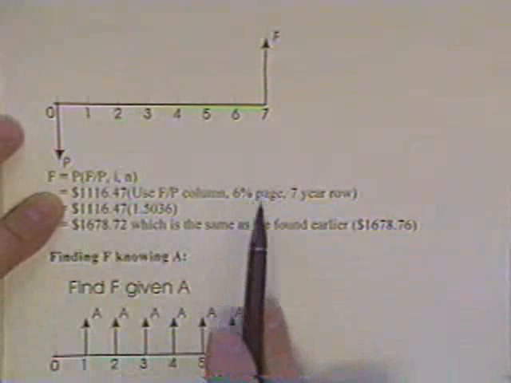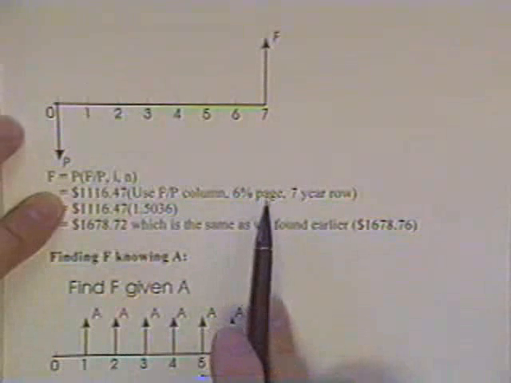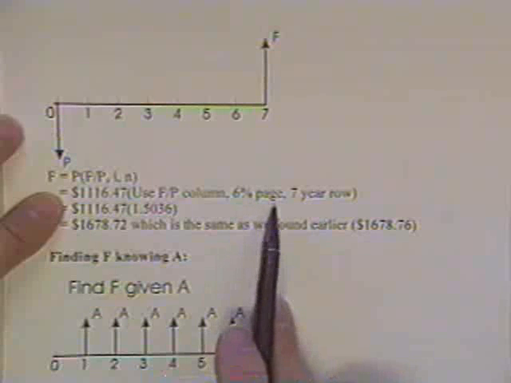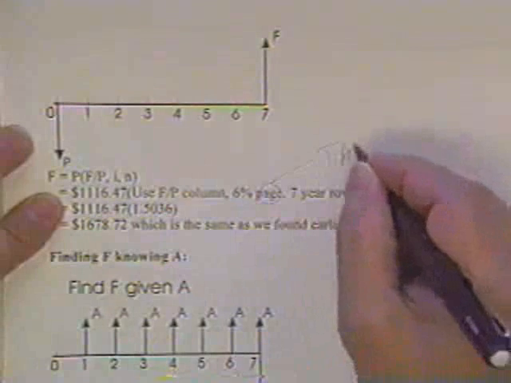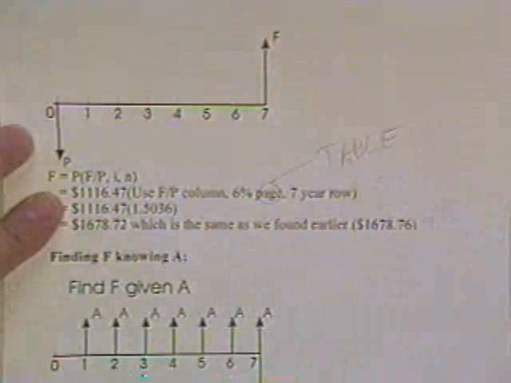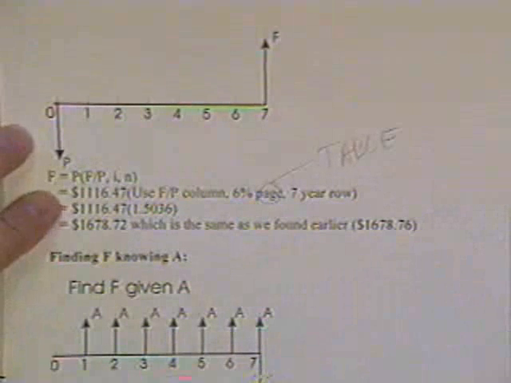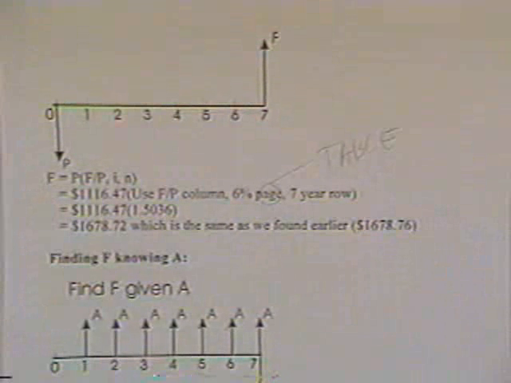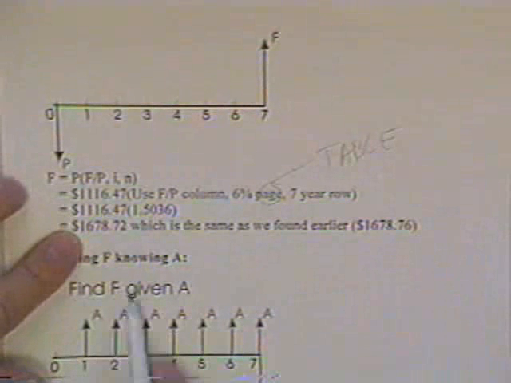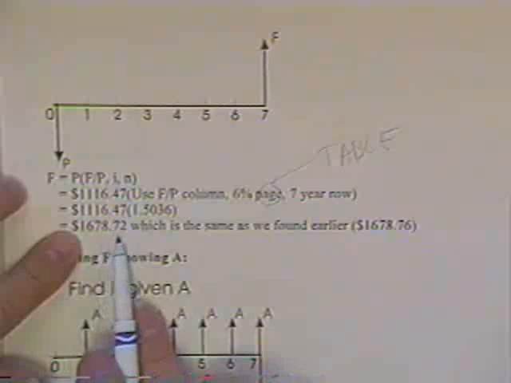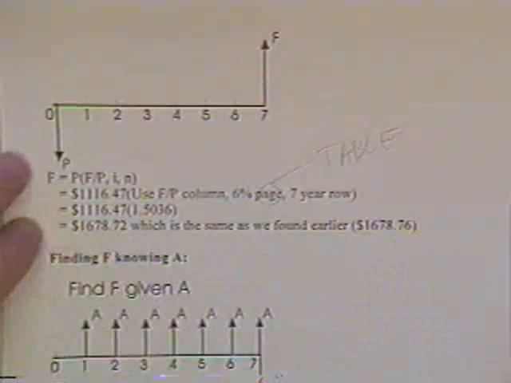Use the 6% table, because there's more than one on a page here. Use the 7-year row. And the factor is 1.5036, which does indeed give us $1,678 and about the same pennies. Pretty close.